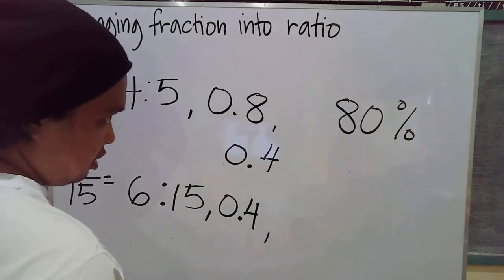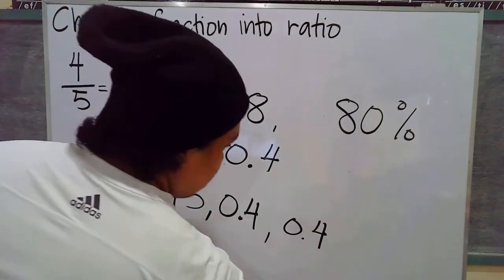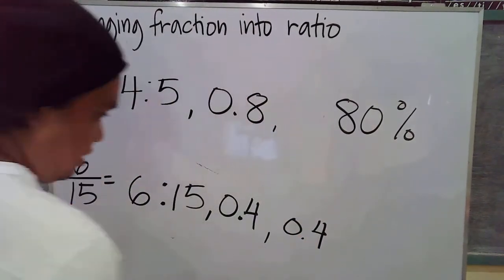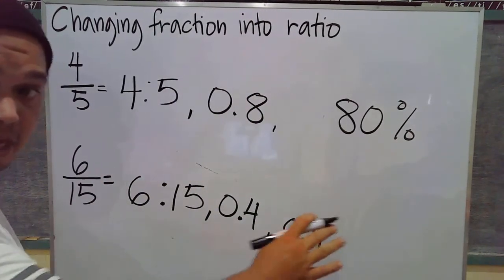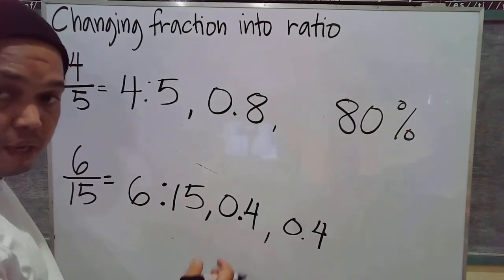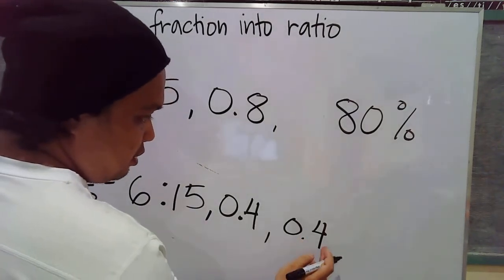Now let's change this into a percent. How do we change that? Just move the decimal point 2 steps to the right, dropping the decimal point here, changing it into a percent sign or symbol. So let's do that. From here, 1, 2.